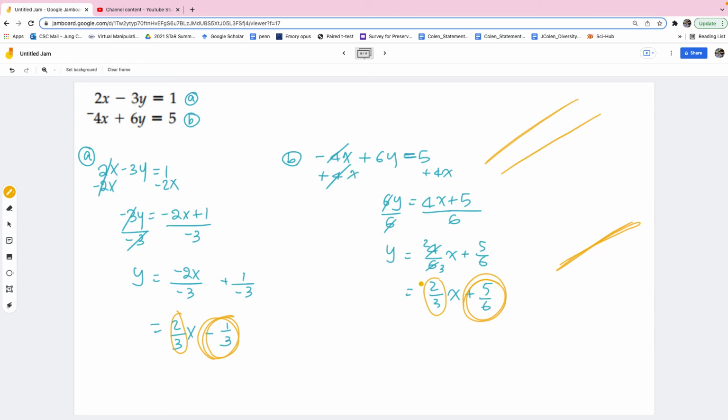But if they are different, they never meet. So they are parallel, and we can conclude there is no solution for this, because the slopes are equal, but the y-intercepts are different. So they are parallel.